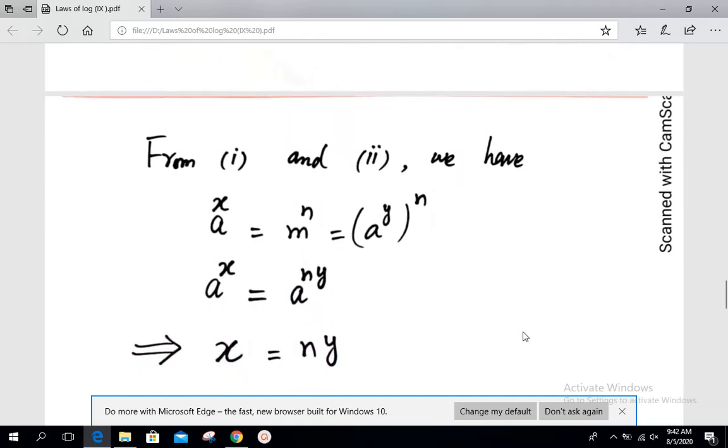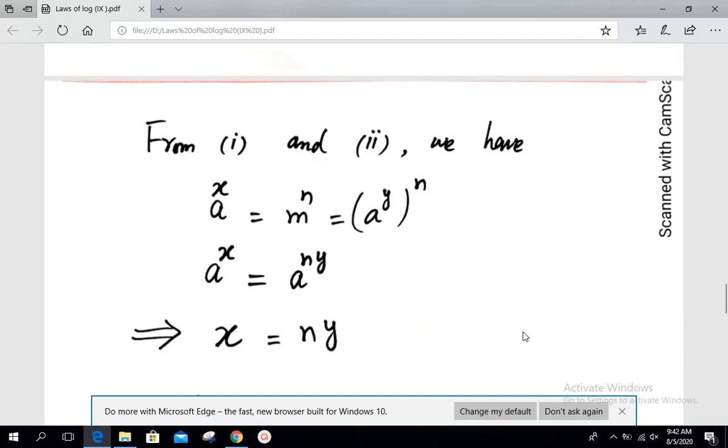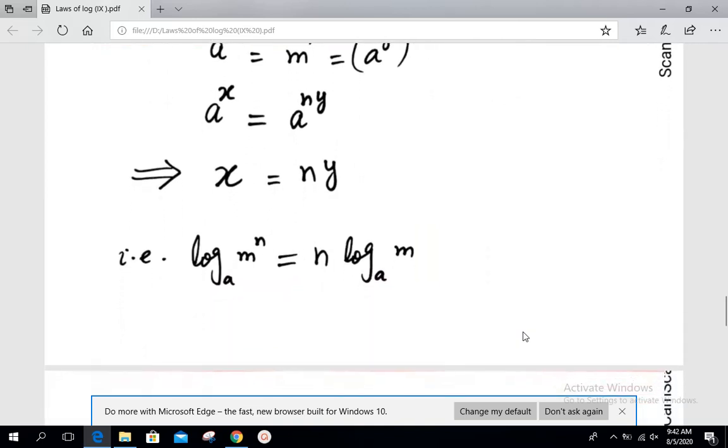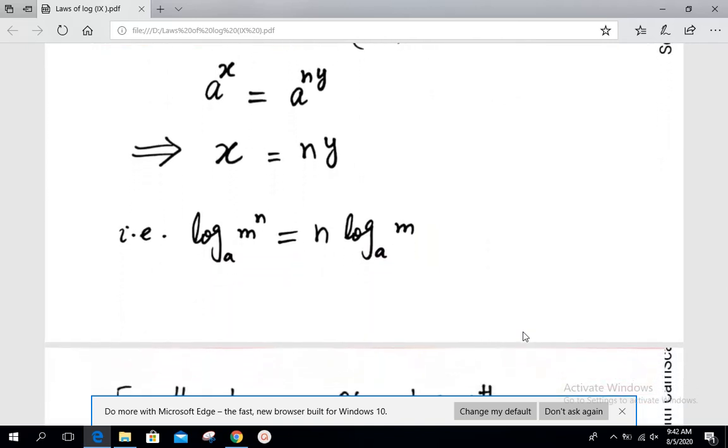Now the bases on both sides are the same. This implies that x is equal to n y. Substituting the values of x and y, we get log m power n base a is equal to n log m with base a. That makes the proof of the third law complete.